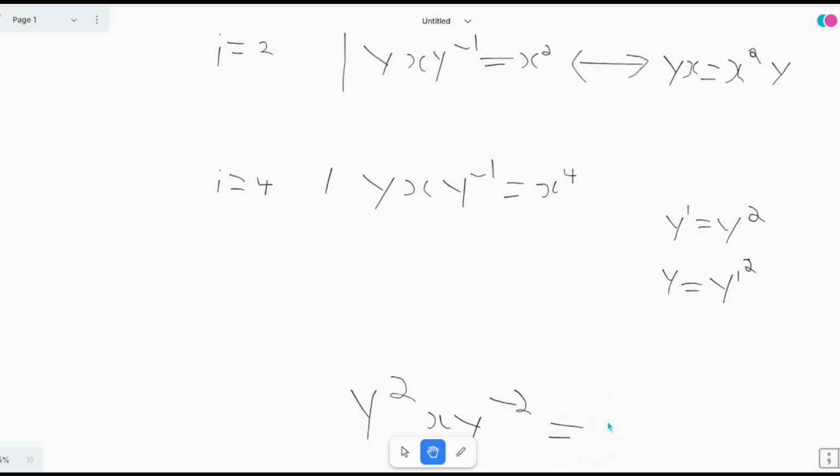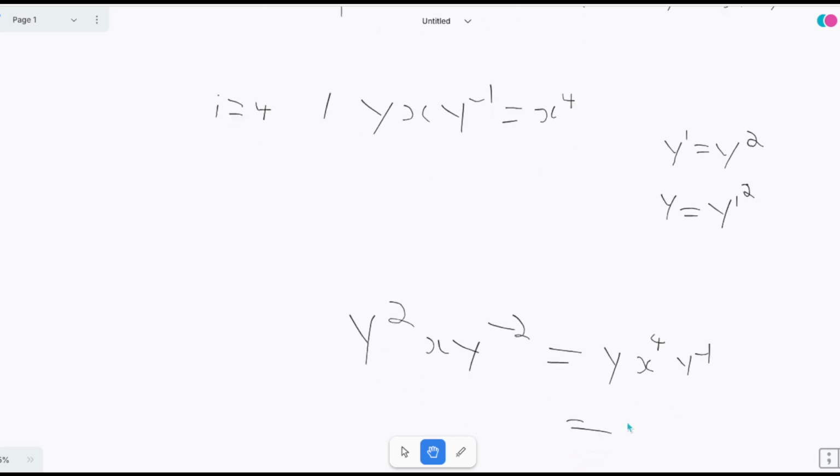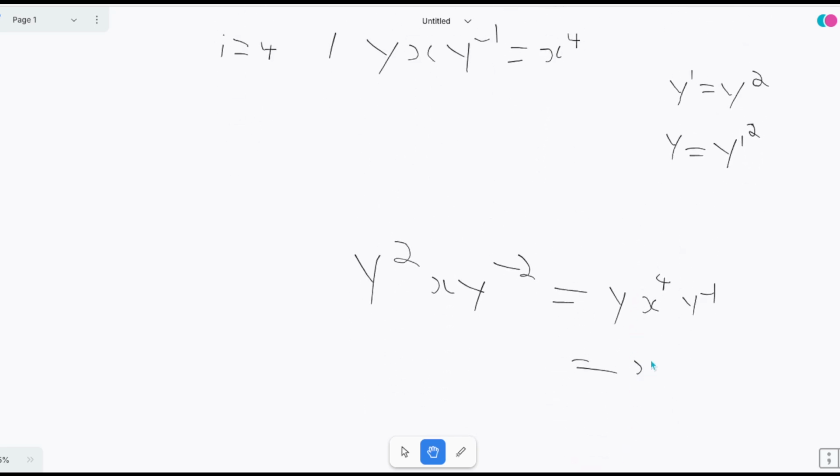y squared x y to negative 2 is y x to the 4 y to negative 1, which is x to the 16, just by applying this formula 4 times, which is x squared.